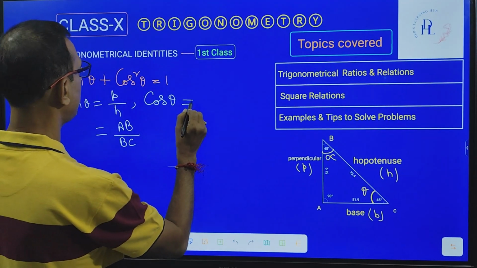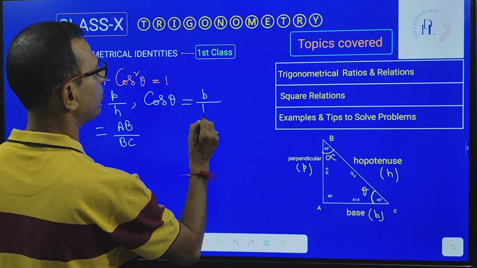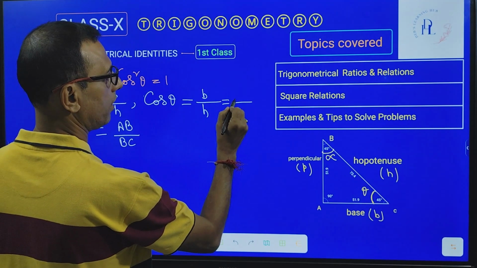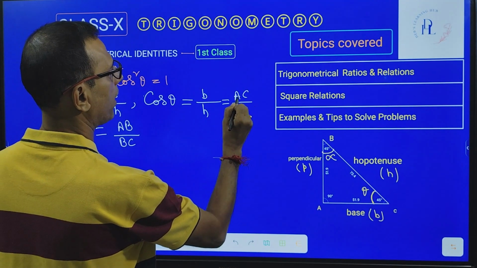And for cos theta it is base by hypotenuse, that means it is AC by BC.